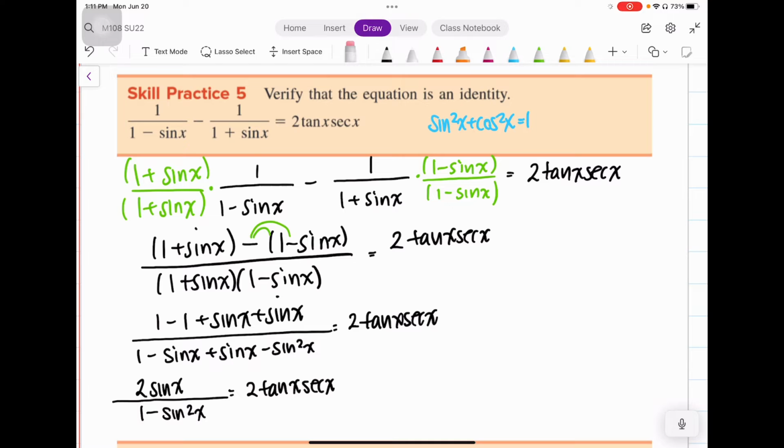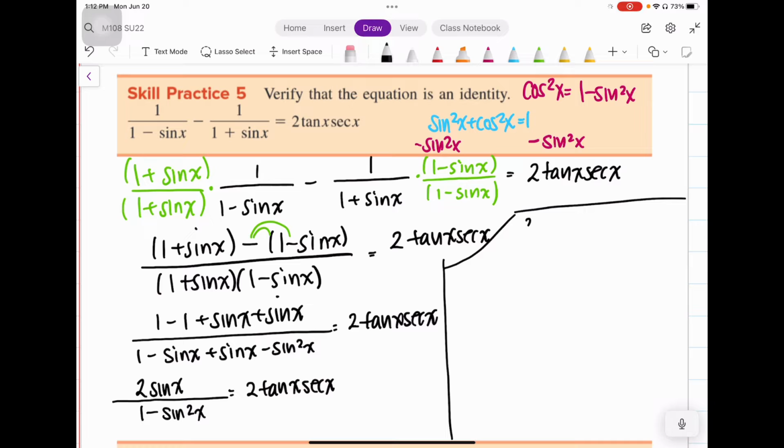If I manipulate this by subtracting sine squared of x on both sides, then I have that the cosine squared of x is equal to 1 minus sine squared of x, which I have in the denominator. So I'm going to replace the denominator by cosine squared of x. I then have 2 sine of x over cosine squared of x equals 2 tangent x secant x.